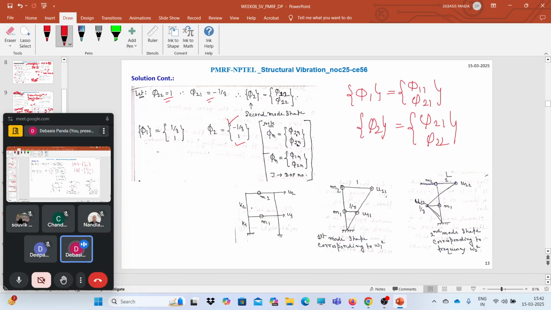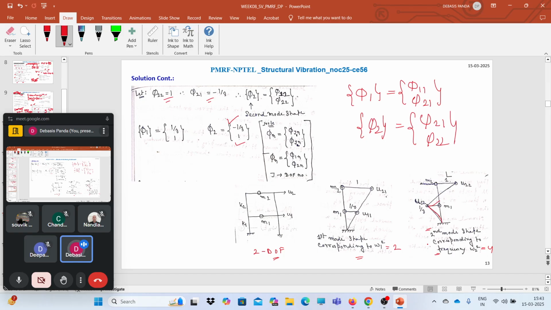If I draw this 2-DOF system, the first mode shape corresponding to omega 1 square equal to 2 looks like this, 1 by 3 and 1. And corresponding to the second mode, omega 2 square equal to 4, the first ordinate is minus 1 by 3. That means it goes on the opposite side and then comes back to 1. So this is the second mode shape.